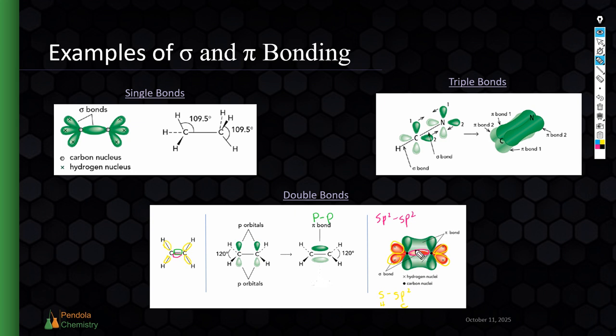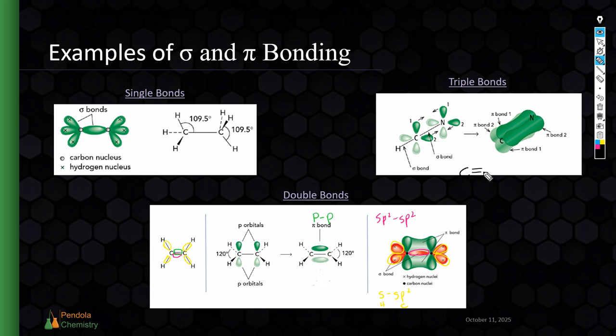The middle sigma bond is going to be created from sp2 overlap between the carbons for the hybrid orbitals. And then that second bond in the double bond, the pi bond, is created from the pp overlap. We can also create a triple bond, which we're not going to show too much here because it can be very hard to visualize.